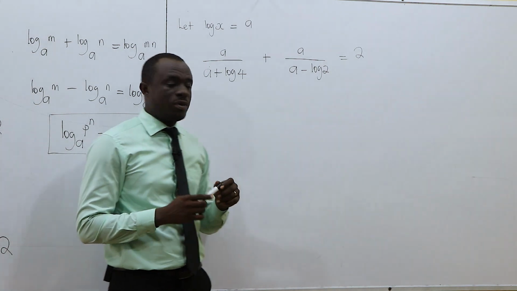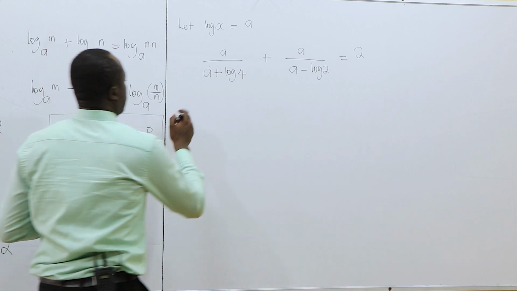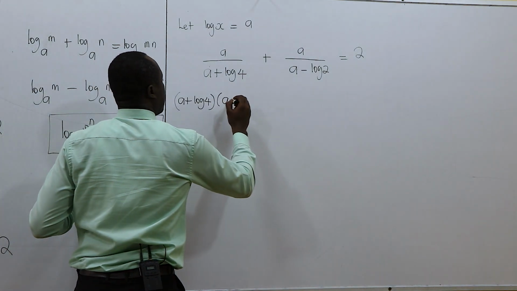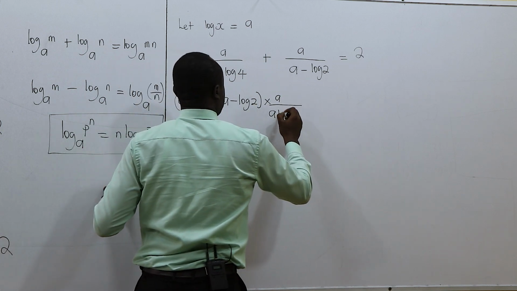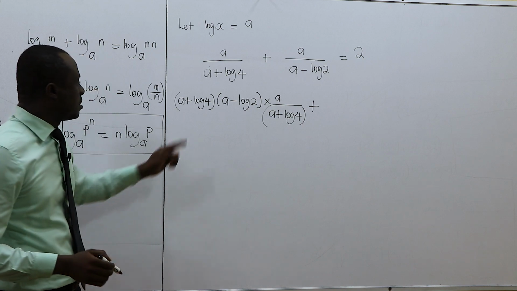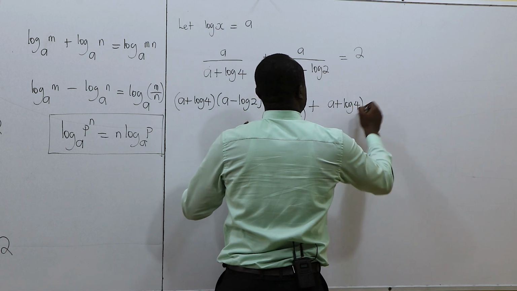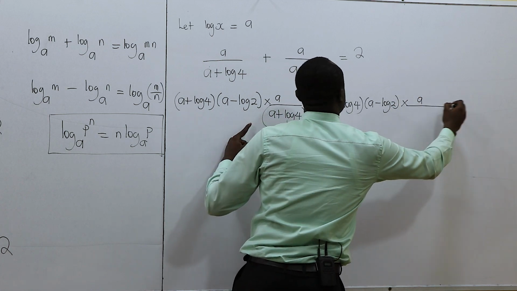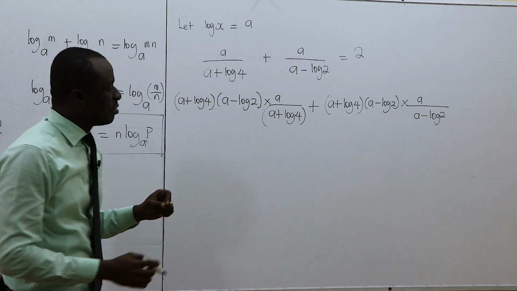So multiplying through with the LCM, we take our time, and then we have a plus log 4, a minus log 2 times a over a plus log 4, plus the LCM a plus log 4, a minus log 2 times a over a minus log 2.